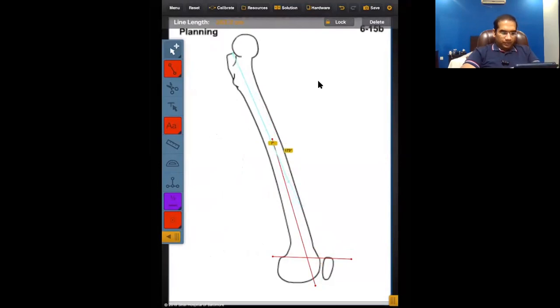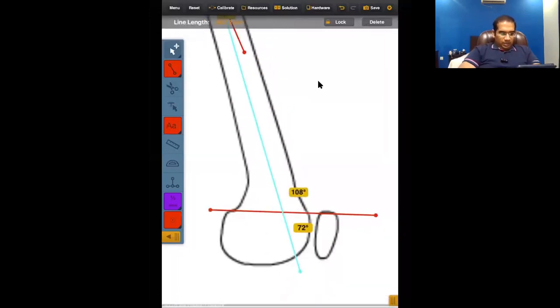The mid diaphyseal angle is 7 degrees, which is normal, and the posterior distal femoral angle here is 72 degrees. So it is abnormal. The normal is 83 degrees.